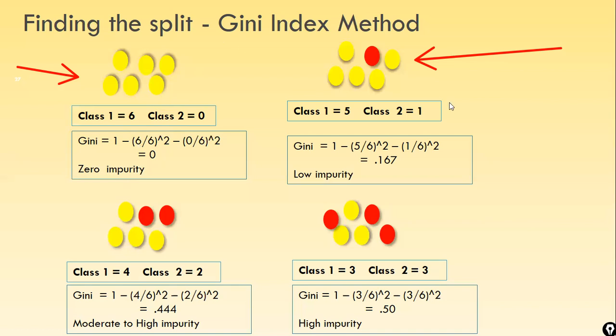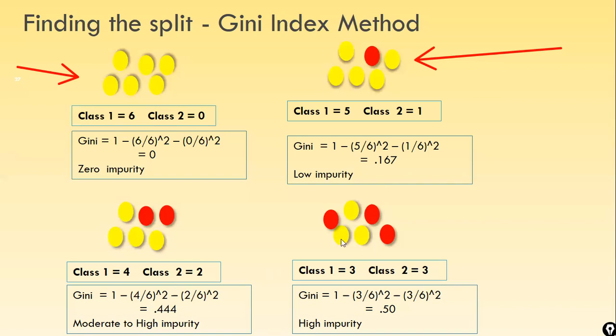Similarly here, class 1 is equal to 5 and class 2 is equal to 1. So 1 minus the probability of class 1, 5 divided by 6, squared, minus 1 divided by 6, squared. It's a low impurity. Similarly, here class 1 is equal to 4 and class 2 is equal to 2, so moderate to high impurity.